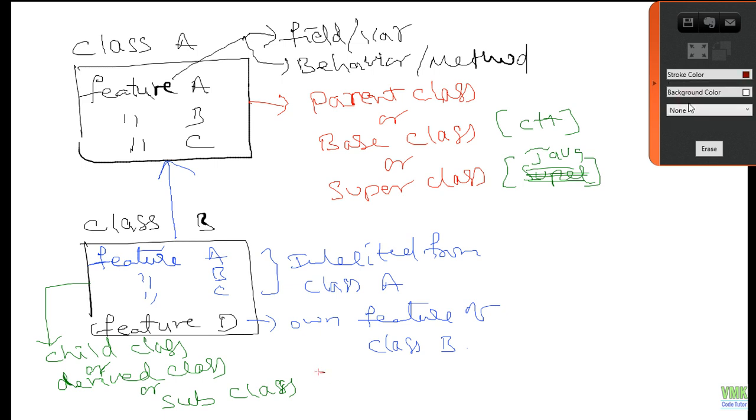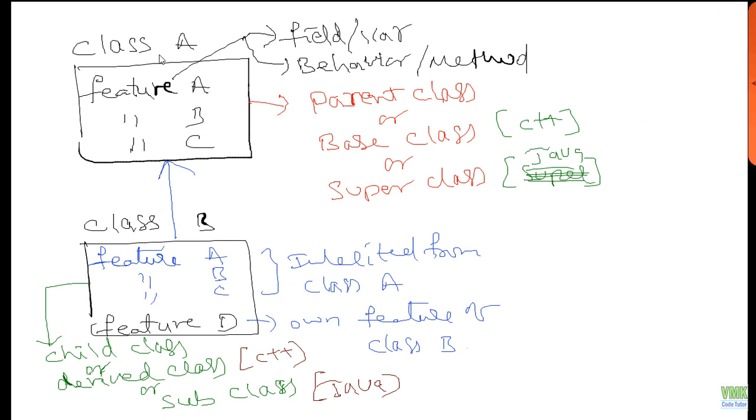In Java it is called the subclass, and in C++ it is called the derived class. So in general they are called parent and child classes, but in Java the parent class is known as the superclass and the child class is called the subclass. This is what inheritance looks like diagrammatically.